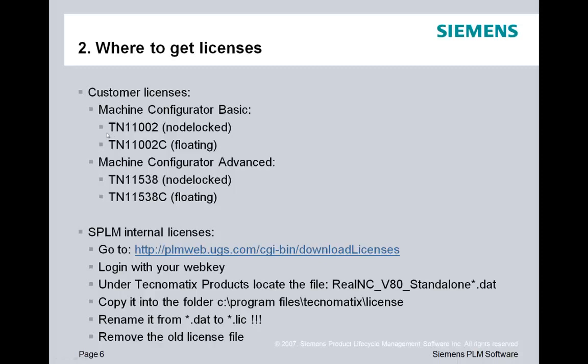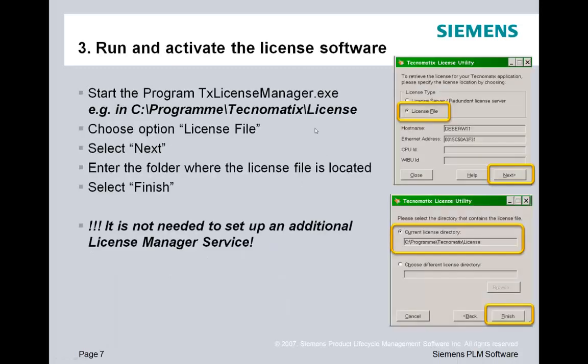If you want to request these licenses for Machine Configurator Basic as a partner from your partner contact, these product numbers will be helpful. The basic version has these product numbers for node-locked and floating licenses, and the advanced version has TN11538. For internal people, you can download licenses from this link and follow these instructions. Please make sure that you follow this renaming recommendation, otherwise it will not work.